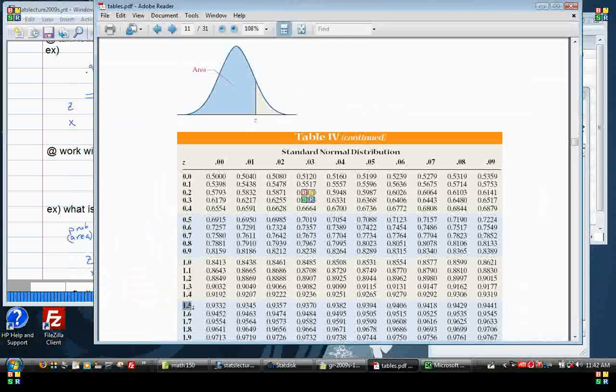So we've got 1.5, then we need to make it 1.50. The way you do that is taking this 1.5 and pairing it with the 0. So if you pair the 1.5 with the 0, you find that value, which you see is 0.9332. Notice that if you're looking up the z-score of 1.51, you'd have the 1.5 and the 1, and then that would give you this probability value.